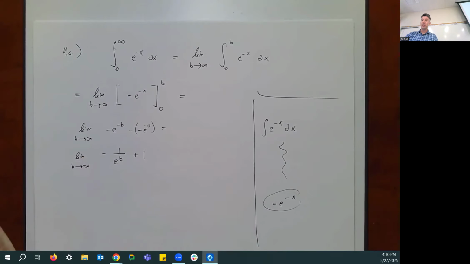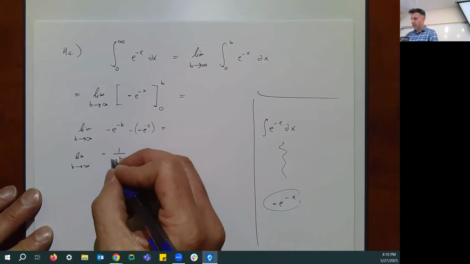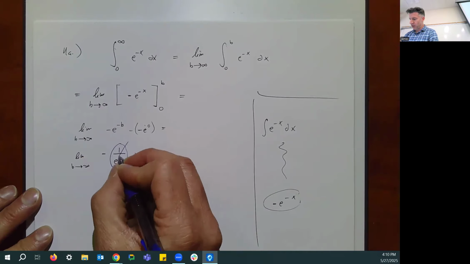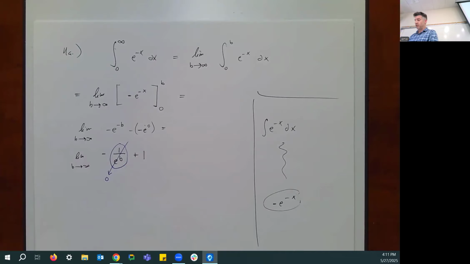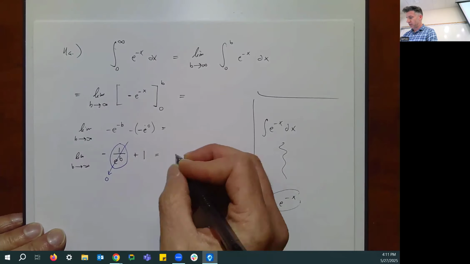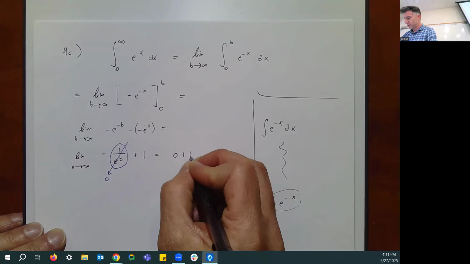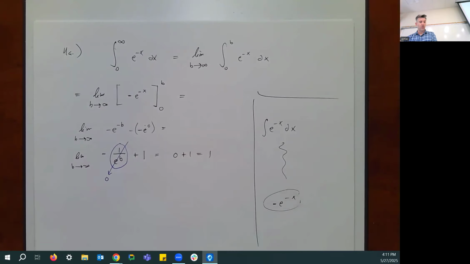Then it's more clear that 1 over e to the b is going to get really, really small as b gets very large, because my denominator is getting large and my fraction is getting small. So this integral converges to 1. But I think it's fine just to stay equal to 1.